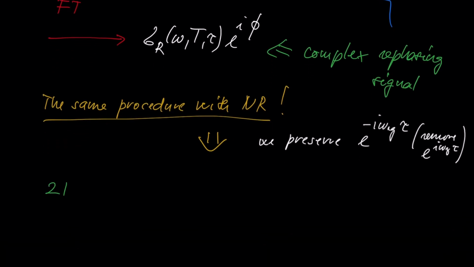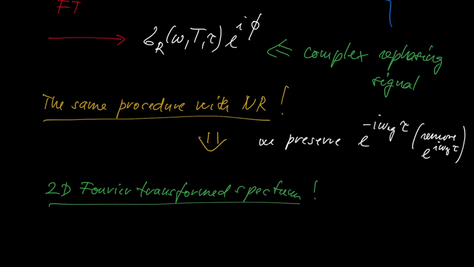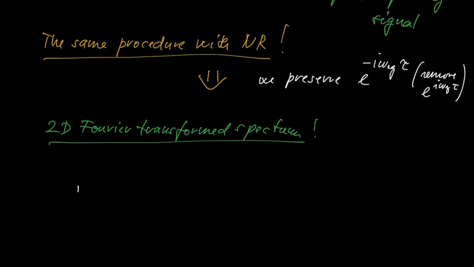So this is the two-dimensional Fourier transformed spectrum, and that is, as we already said, sigma(omega_t, omega_tau).